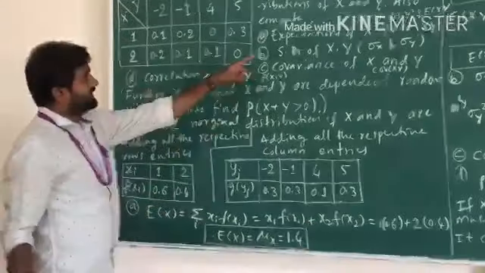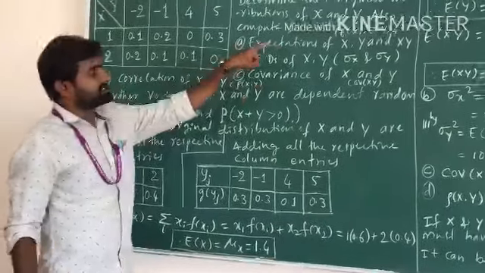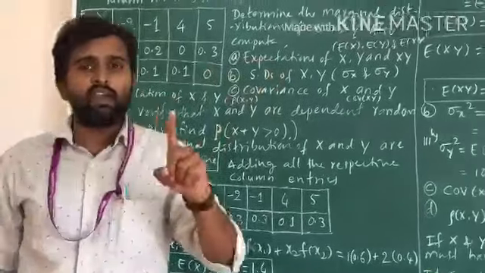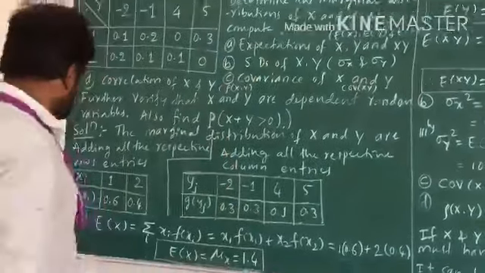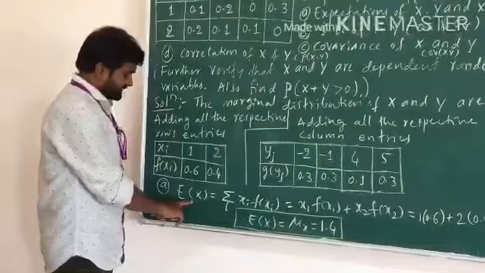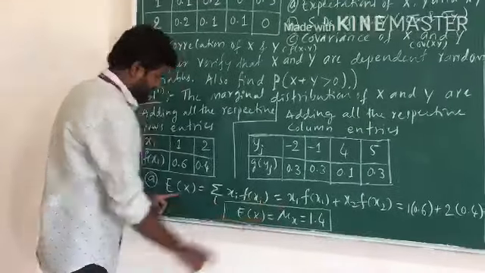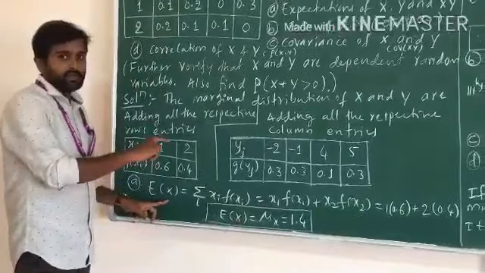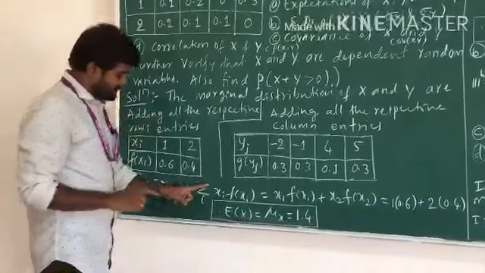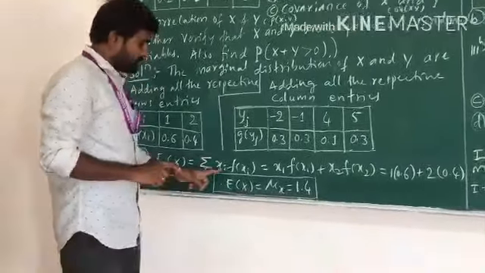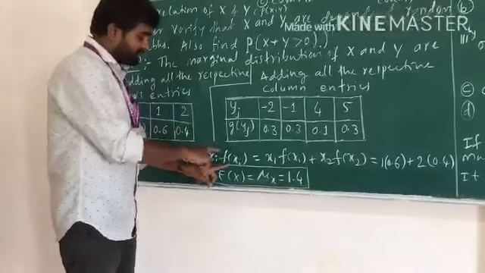Then the next question is the expectation of x, y and x into y. First, the expectation of x, nothing but mu x, the mean value of x, is the summation over i of xi into f of xi.